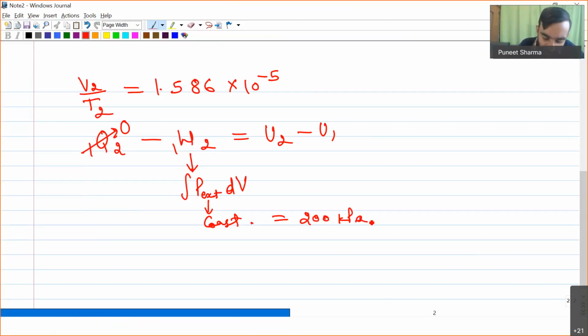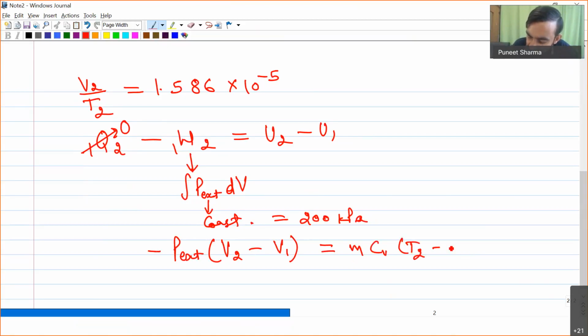So while writing the expression of work, I can write minus P external, which will be a constant parameter. So minus P external into V2 minus V1 will be equal to U2 minus U1. And U2 minus U1 I can write simply as m into Cv into T2 minus T1.